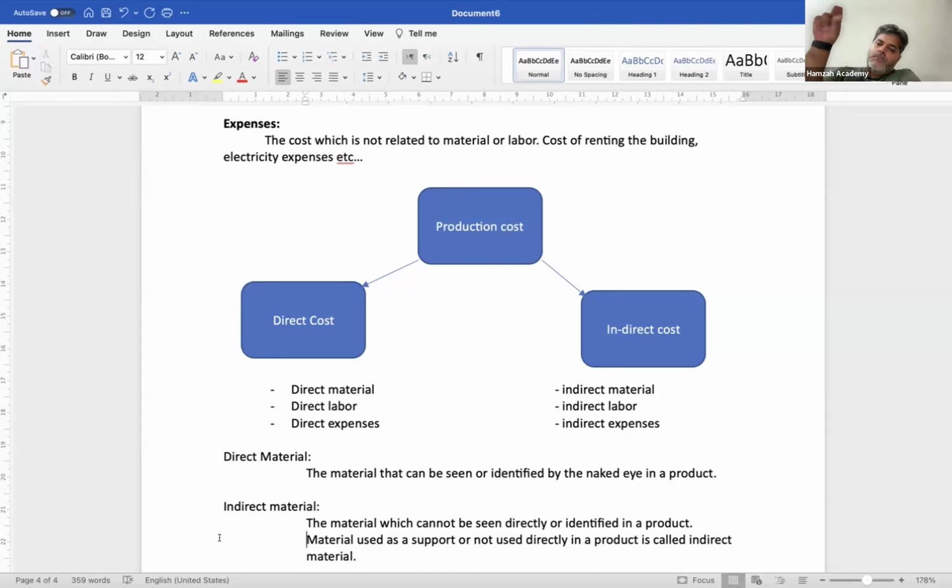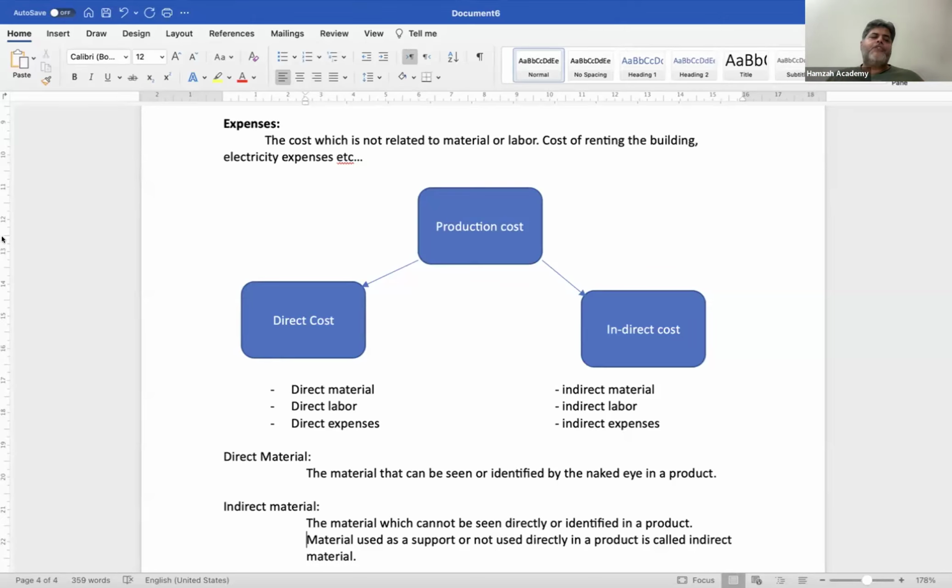So the small ply or the pieces of wood which have been used are going to be the indirect material over here. And then there's one more indirect material, which is normally right in front of us but we are unable to identify. In case the chair is black, the frame has been painted black as well. The cost of the paint is going to be indirect material over here as well.